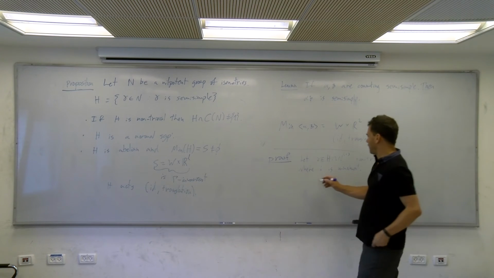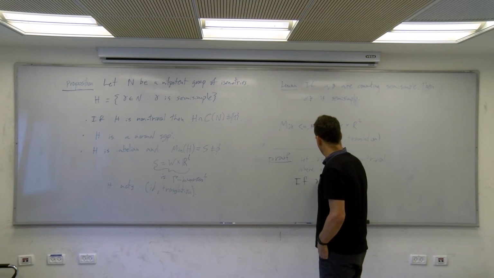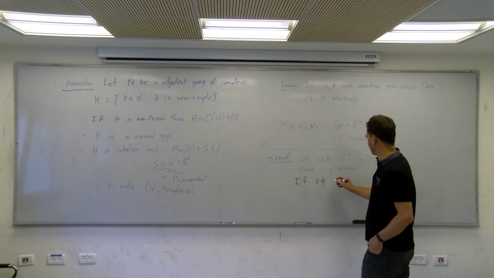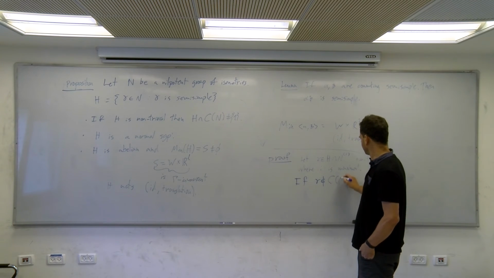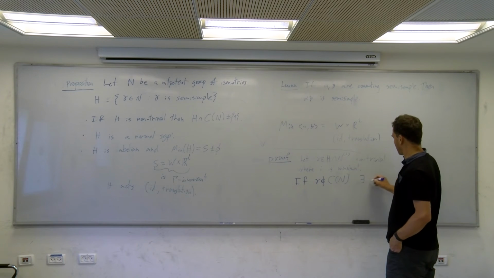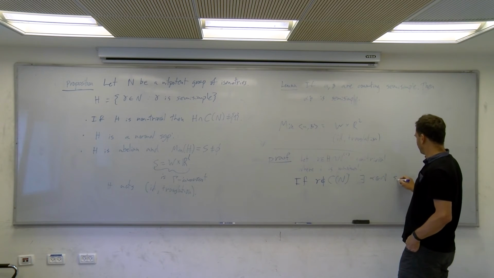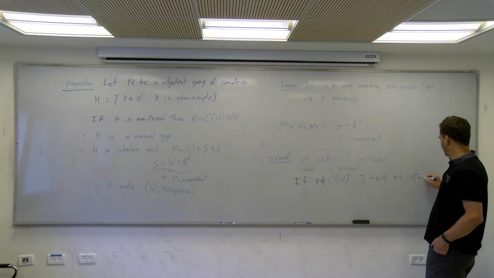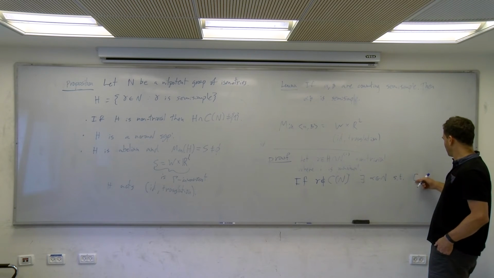So if gamma is not in the center, there is an alpha in N such that the commutator of gamma and alpha is not trivial.